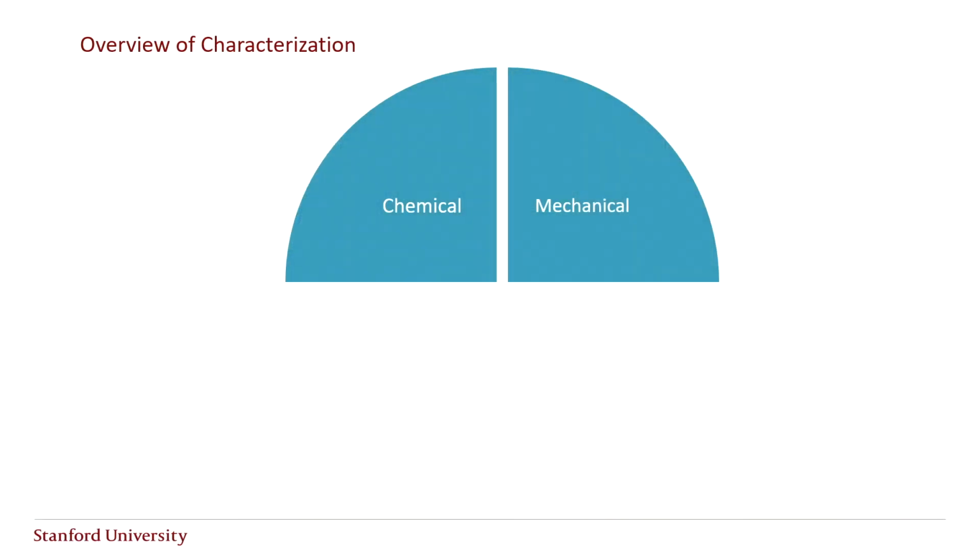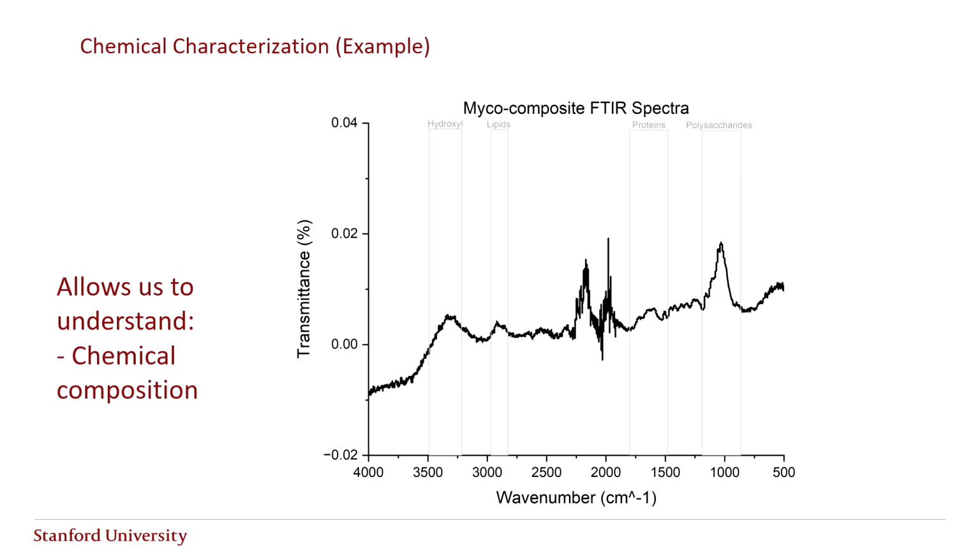Today, I'm only going to talk about the top two, chemical and mechanical. And these are just going to be examples of characterizations that I hope to do in the future. So first, chemical characterization. I mentioned that it'll allow us to understand the chemical composition, the actual molecules, and really what makes a mycogel. This is an example of an infrared spectroscopy scale.